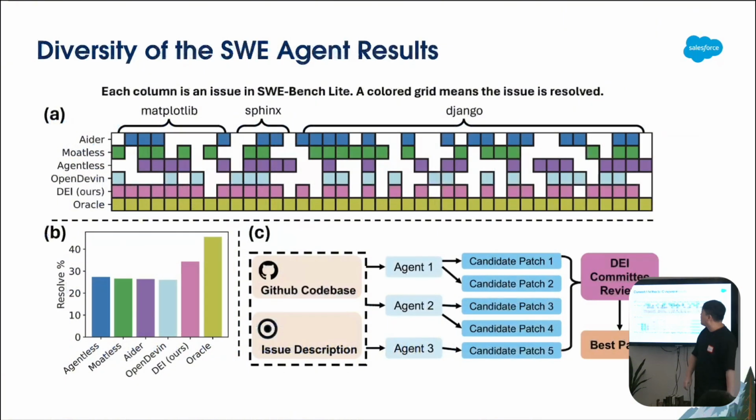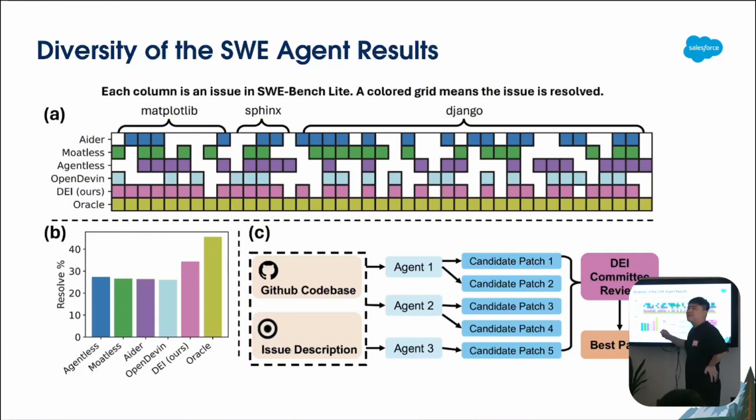Okay, and then here's a more detailed investigation into the current results on SWE-bench. These are open source solutions, and the cells with color mean this issue can be solved by that agent.